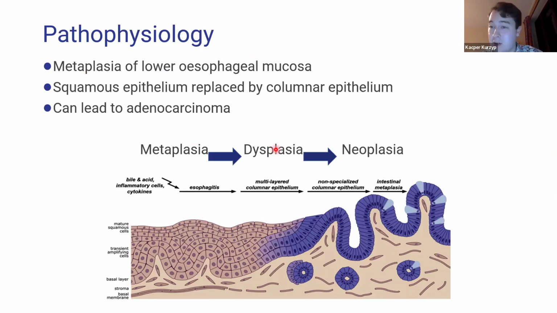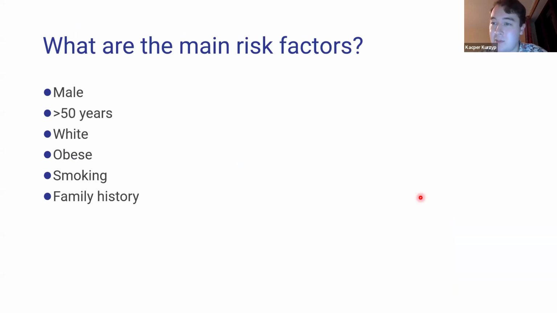And it's a big risk factor for developing neoplasia, which leads to the cells transforming into malignant cells and esophageal cancer. Now, the main risk factors for GERD and Barrett's: male, older middle age, white, obese, smoking, and family history.